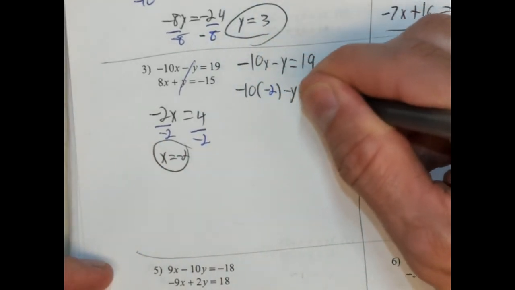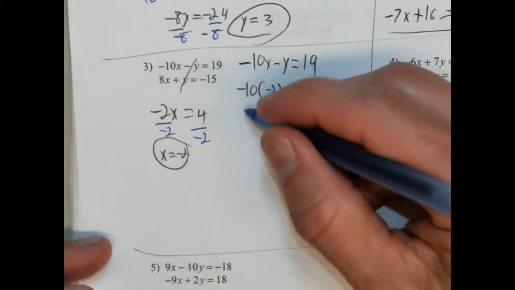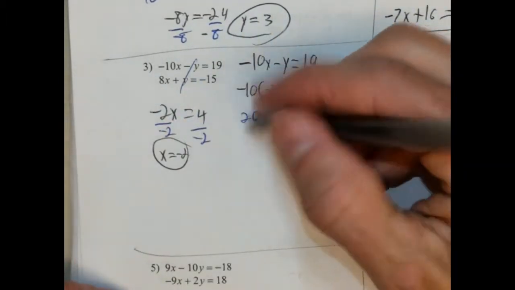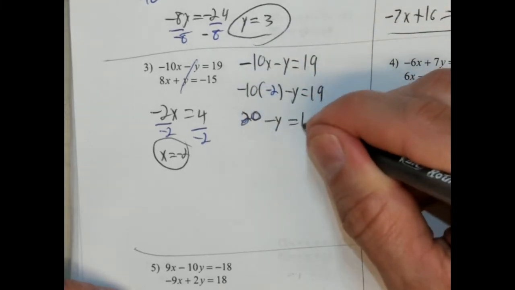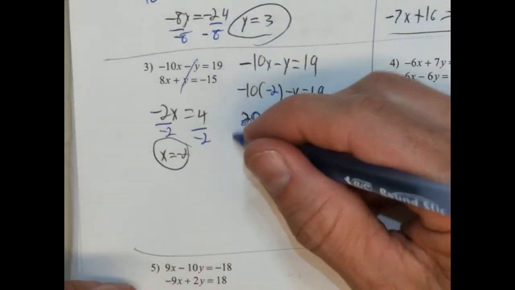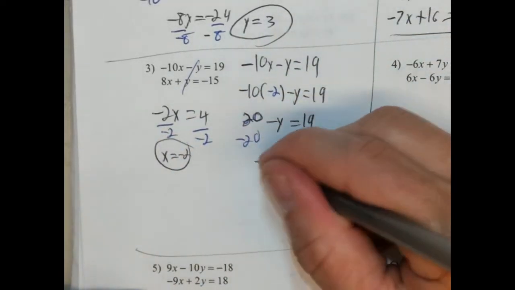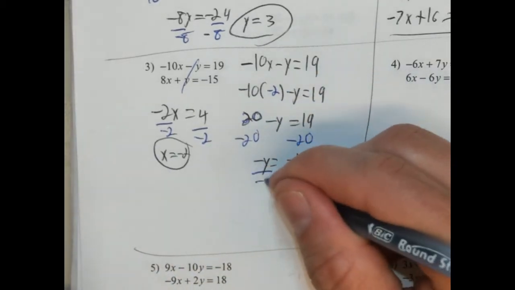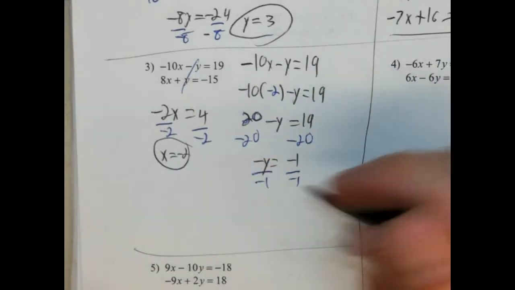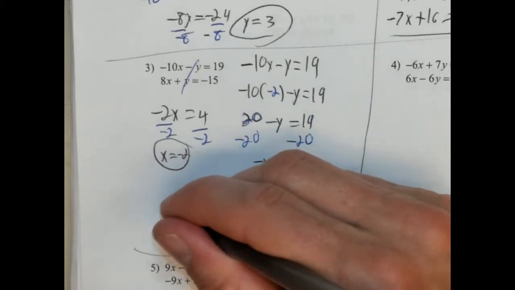Minus y equals 19. -10 times -2 would be 20. 20 minus y equals 19. We're going to subtract 20 from both sides. So -y equals -1, and we divide both sides by -1 because it's our coefficient. And y equals +1. So it's -2 comma 1.